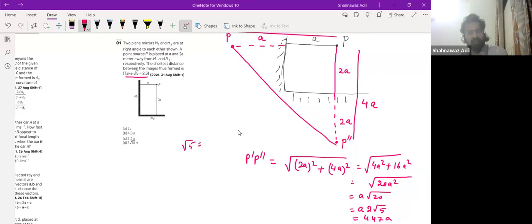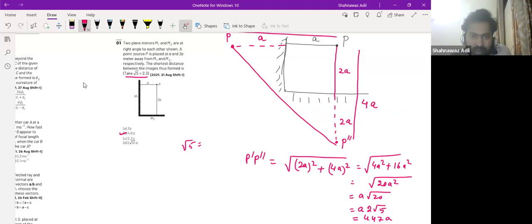So yes, we are getting 4.47, which is near to this. Is it clear, everyone? If it is clear, then we'll do the next question.